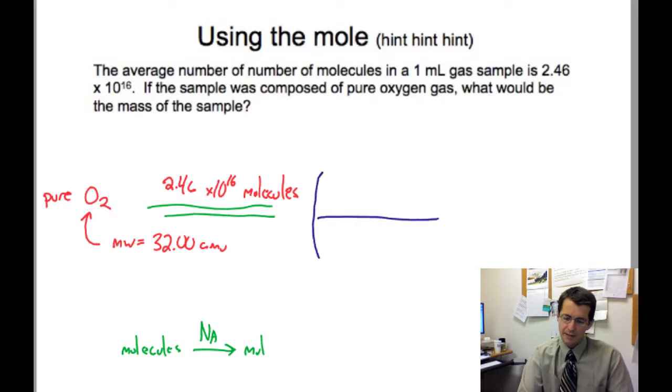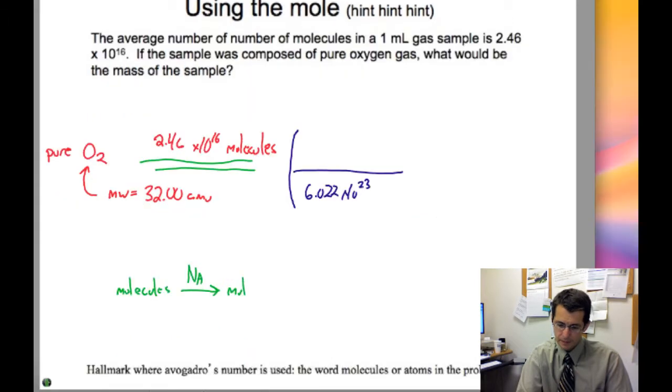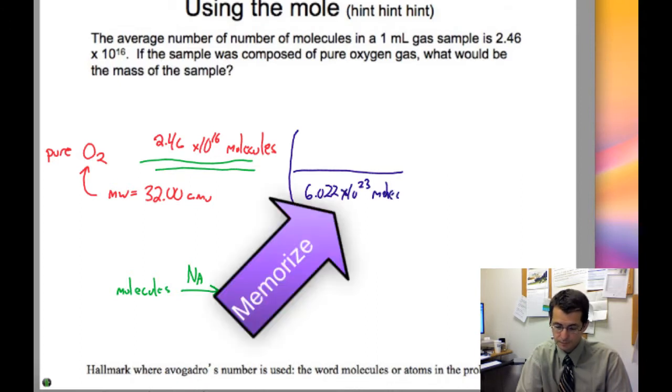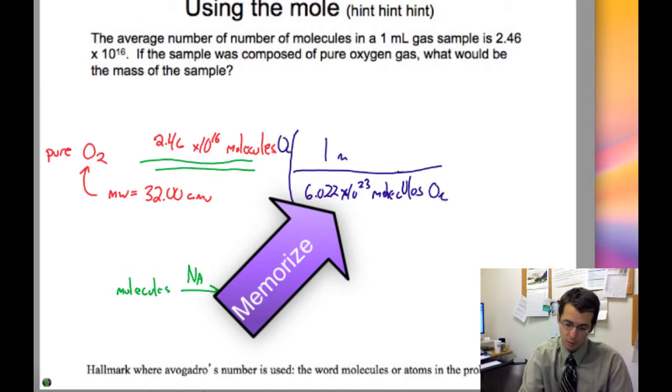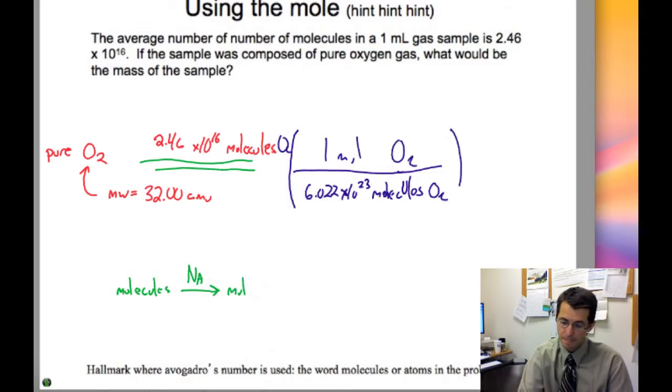So we can use Avogadro's number, 6.022 times 10 to the 23rd molecules. 6.022 times 10 to the 23rd is probably effective for most things we're going to be doing. You should memorize this one. That number of molecules of O2 is defined as 1 mole of O2.